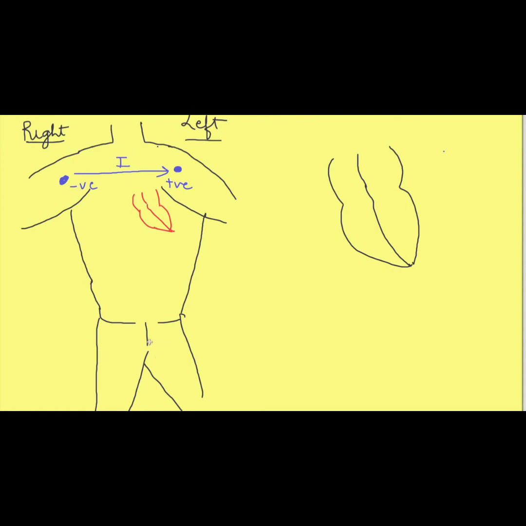When negative electrode is on right arm and positive electrode on left leg, direction of lead is like this, 60 degrees to the horizontal, and this is lead 2 of ECG. With negative electrode on left arm and positive electrode on left leg, the direction of the lead is like this.